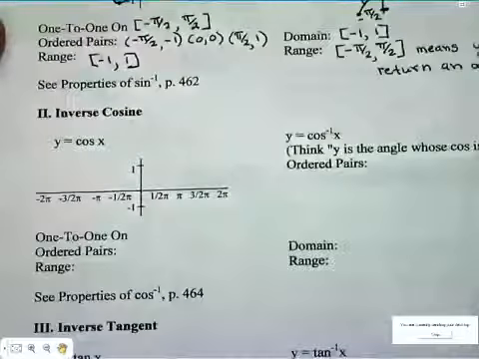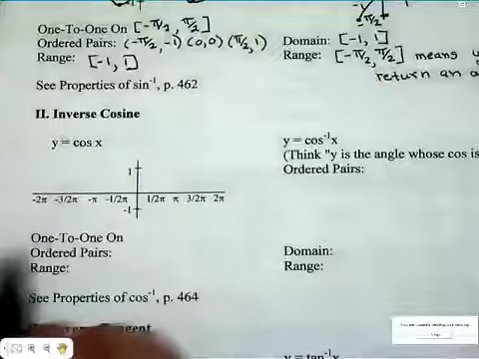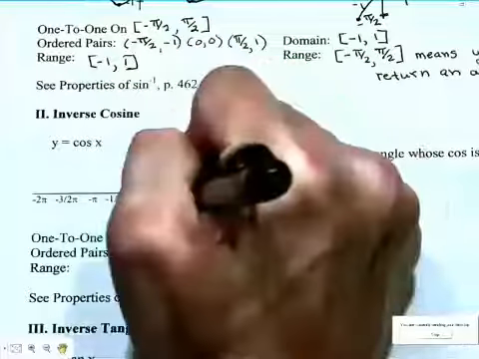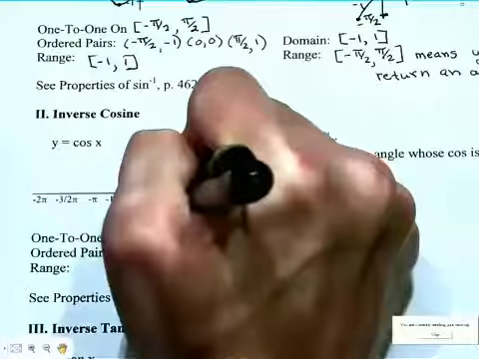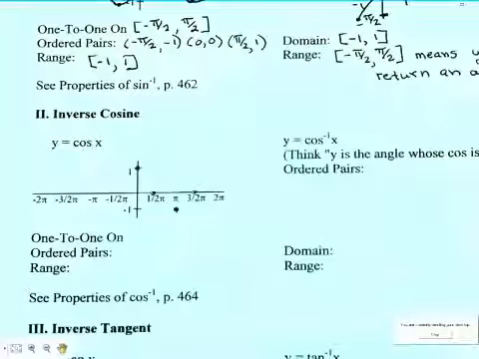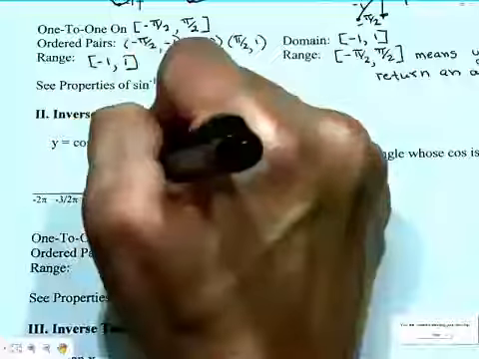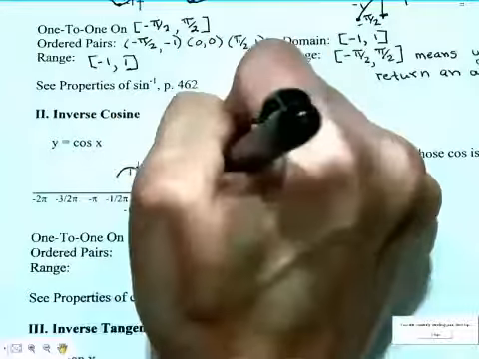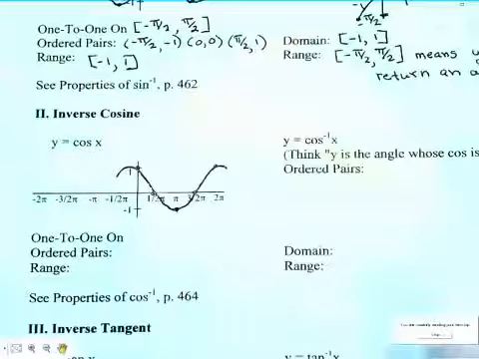Y equals cosine x. We know cosine of 0 is 1, cosine pi over 2 is 0, cosine of pi is -1, cosine of 3/2 pi is 0, cosine of 2 pi is back to 1. So here's 1 period of the graph of cosine, and we know that it repeats.